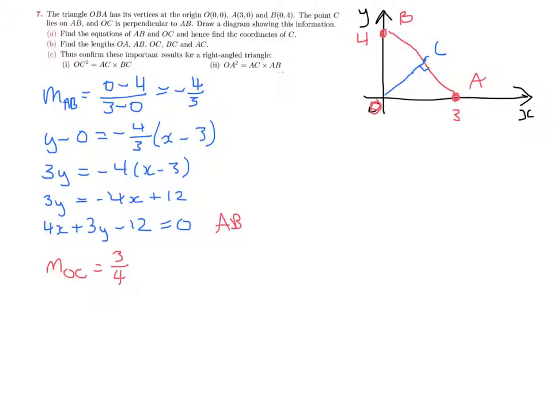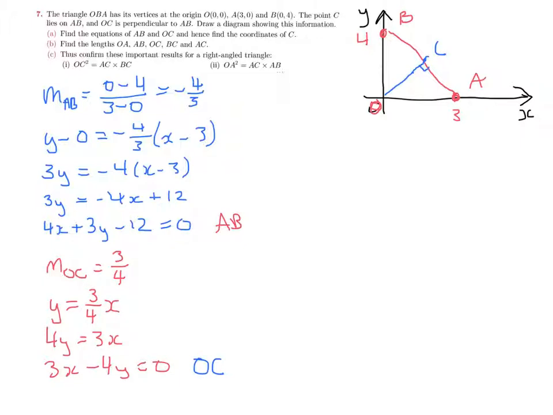So the line is just going to be y equals 3/4 x. Okay, you can justify that yourself, but it is quite simple like that. And then we can turn to general form. 4y equals 3x. So 3x minus 4y equals 0. Okay, so that's the equation of OC.